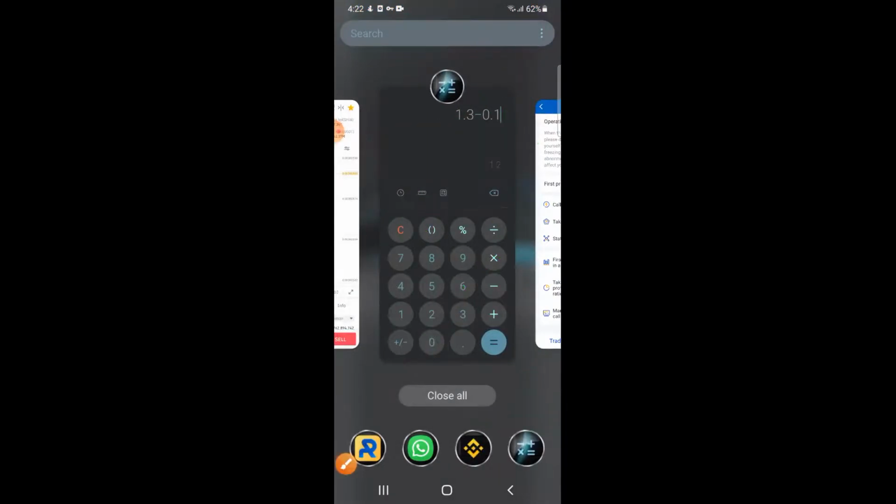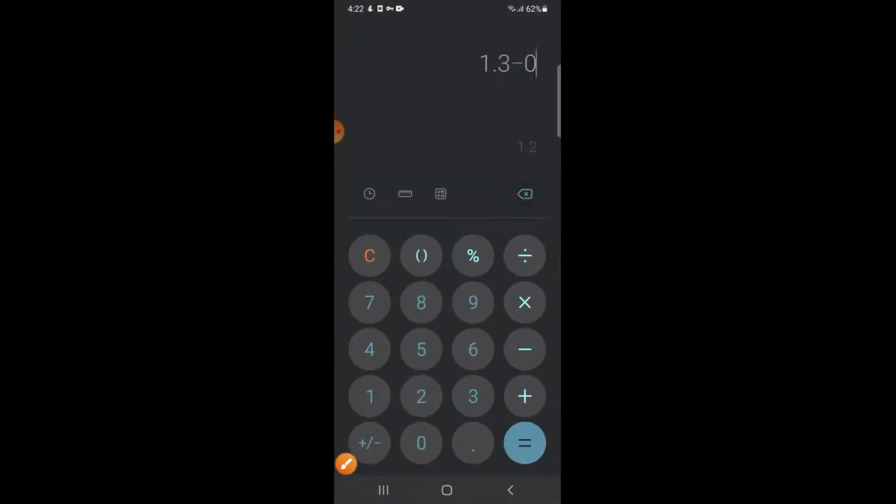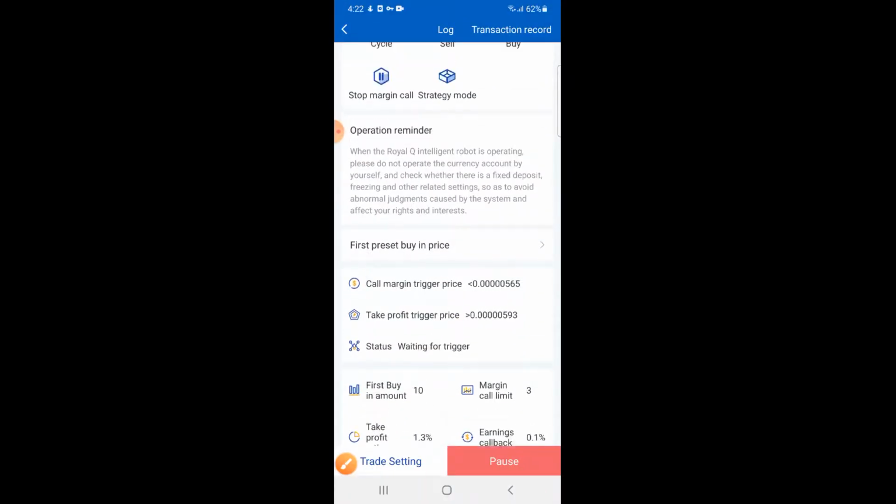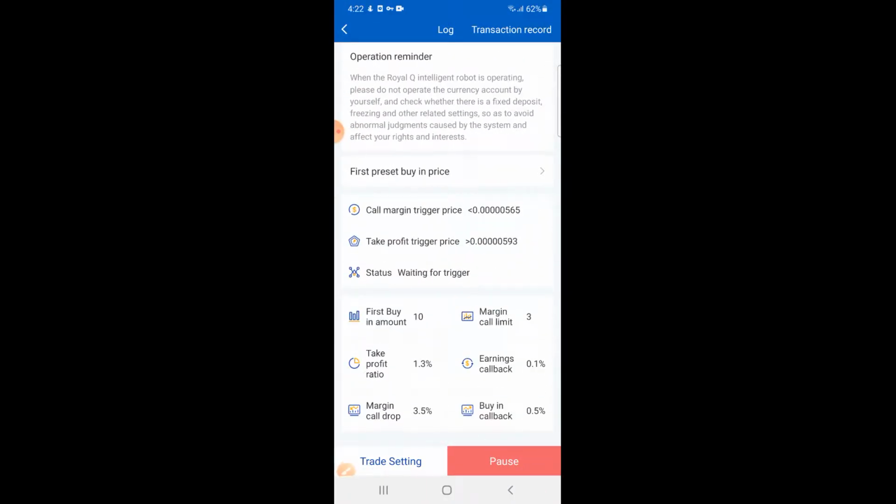See the calculator again. If the market goes up 5% and then goes back 0.1%, you have taken 4.9% profit.